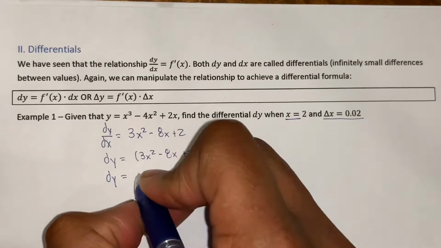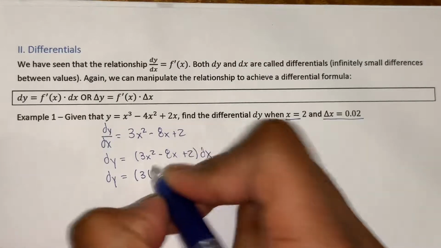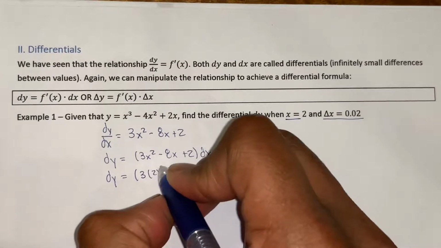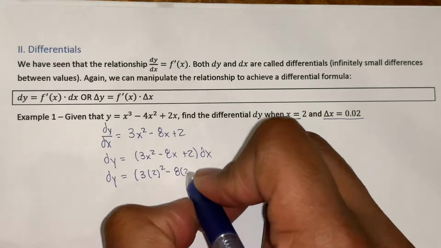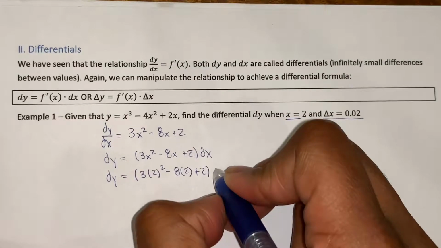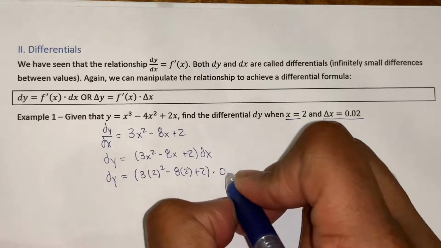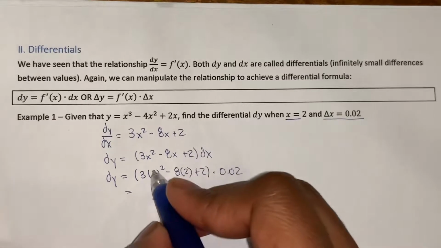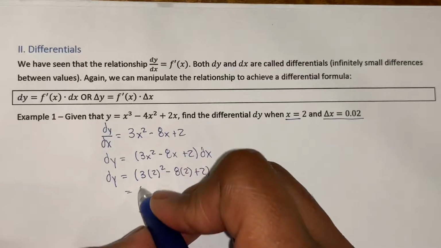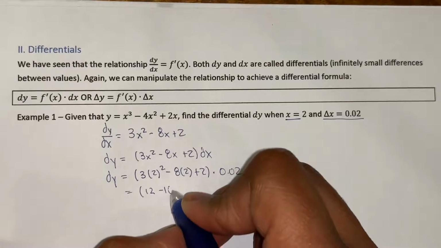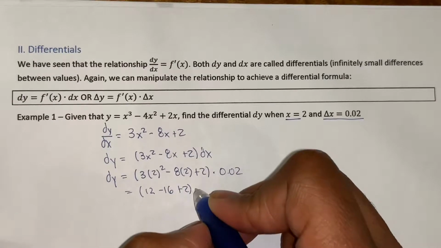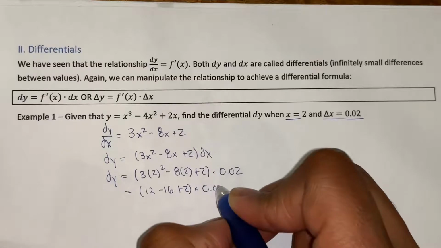So dy is equal to 3 times 2 squared minus 8 times 2 plus 2, times 0.02. So that's 12 minus 16 plus 2, times 0.02.